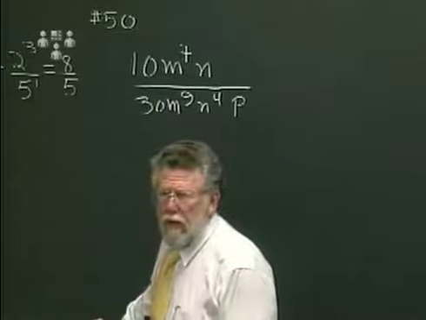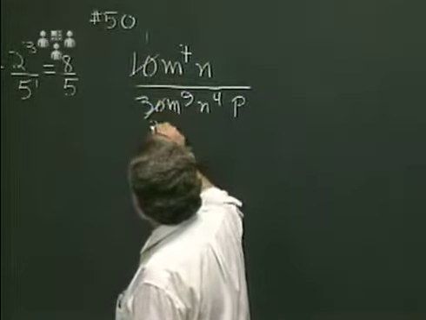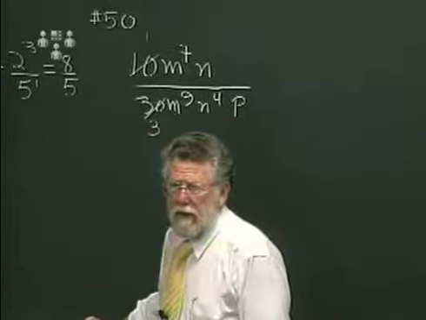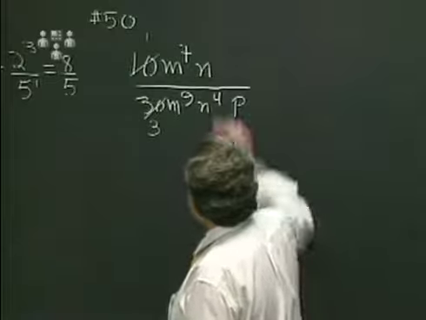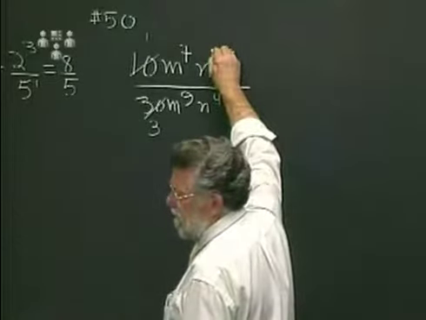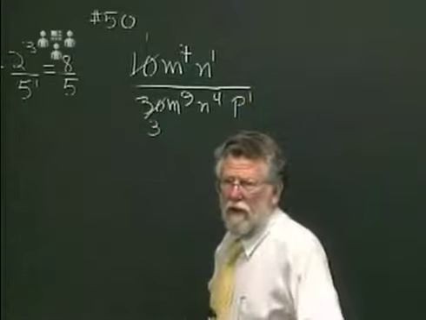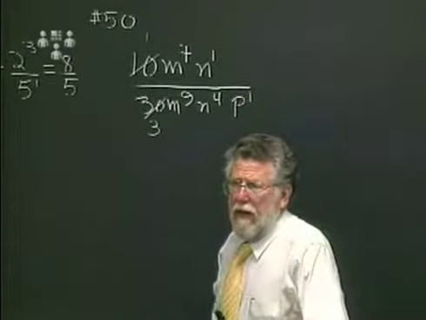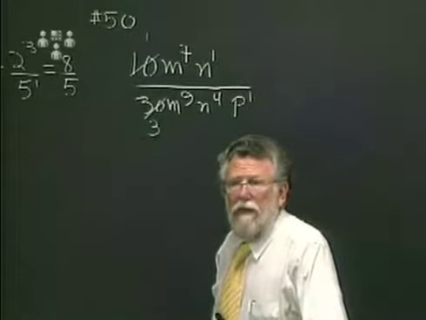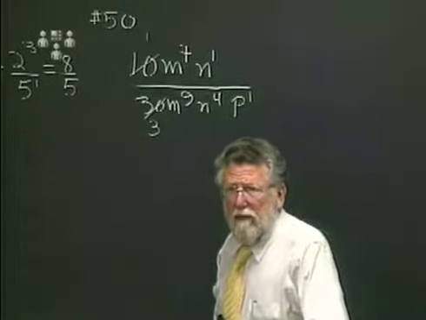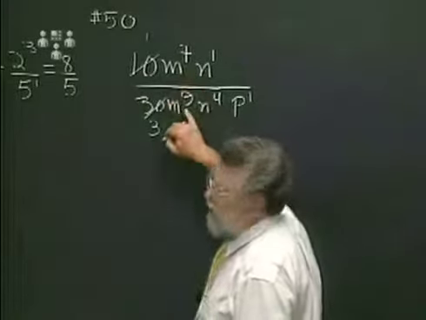I hope you realize that these will cancel, giving you 1/3. But what I do want you to realize is that there is a missing exponent, a 1 here and a 1 here. Those are the missing exponents. And the missing exponents are going to allow me to subtract exponents because I have here m to the 7th and the m to the 9th.